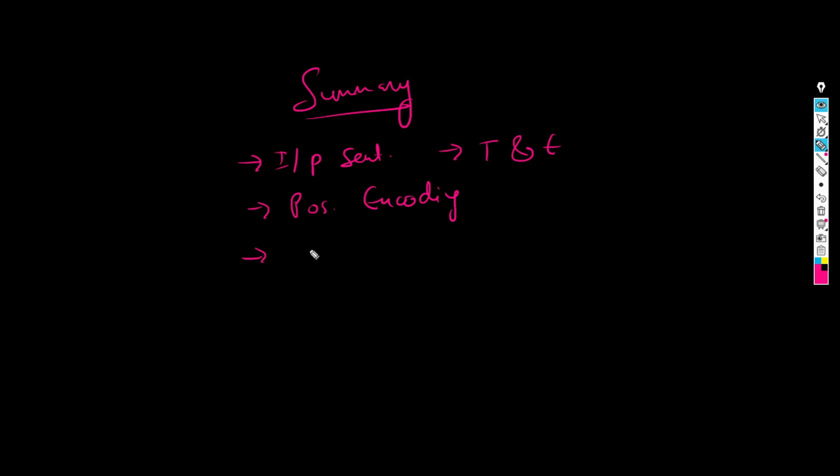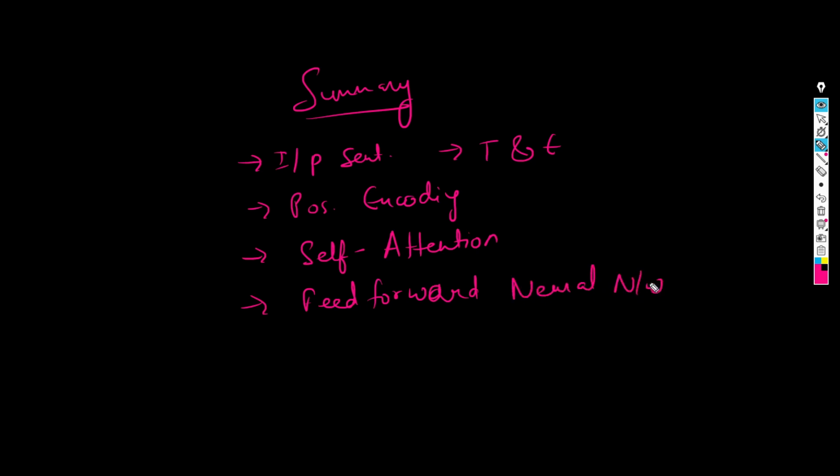The third part is self-attention, focusing on the relationships. The fourth part is the feed forward neural network, which processes the information.